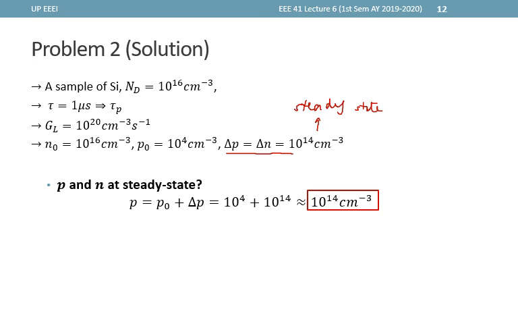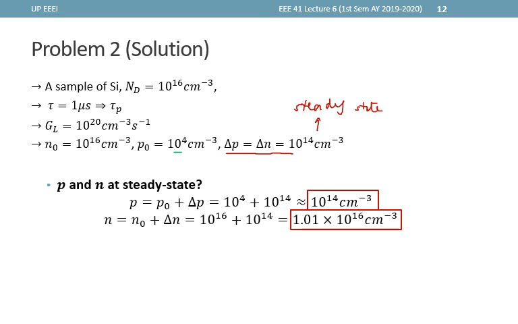And since N naught and P naught do not change, then P would simply be equal to P naught plus delta P, and that is 10 to the 4 plus 10 to the 14, which is approximately 10 to the 14. Now for N, we have 10 to the 16 plus 10 to the 14, which gives us 1.01 times 10 to the 16.